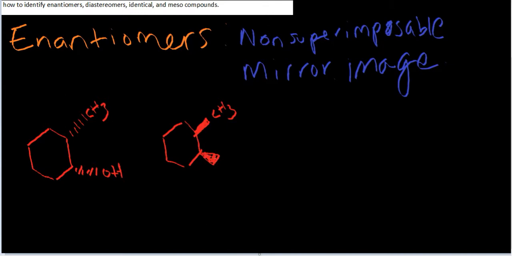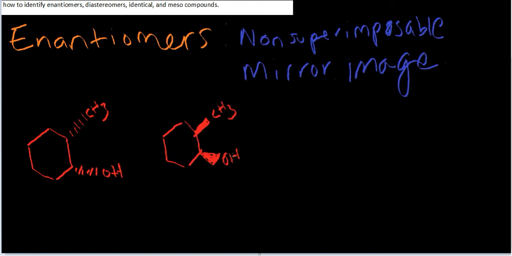These molecules are enantiomers because you can't place them on top of each other and have them fit together. You'll see two different molecules if you tried to fit them on top of each other.